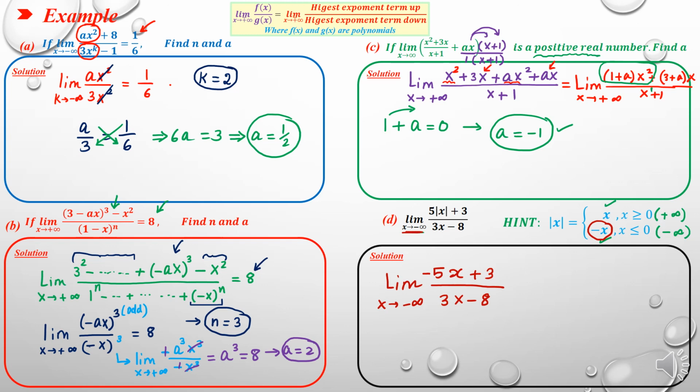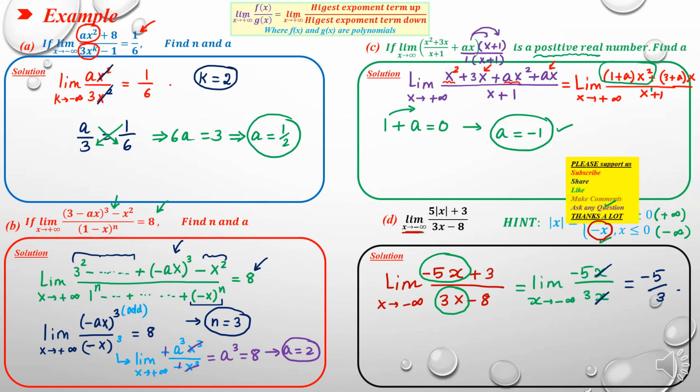As we mentioned before, you have to take the highest degree up, divided by the highest degree down, and you will get the limit of negative 5x divided by 3x when x goes to negative infinity. Then you eliminate x with x and you will get the value of the limit, which is negative 5 over 3. And that's it. Thank you.